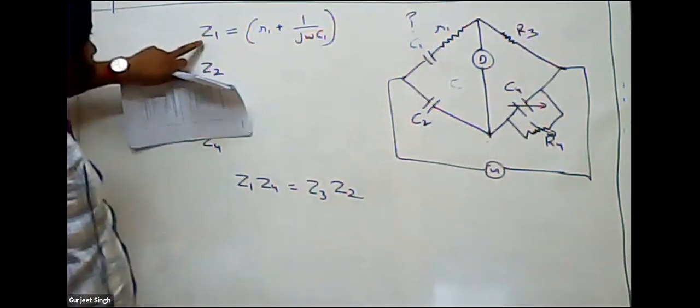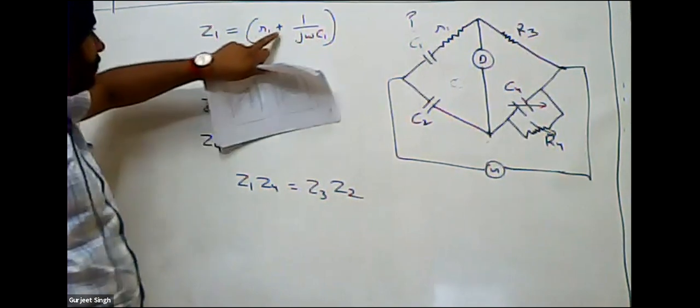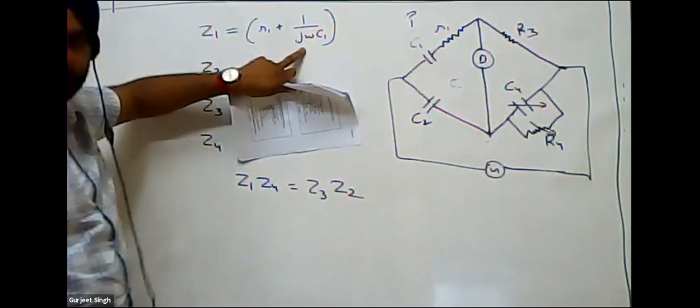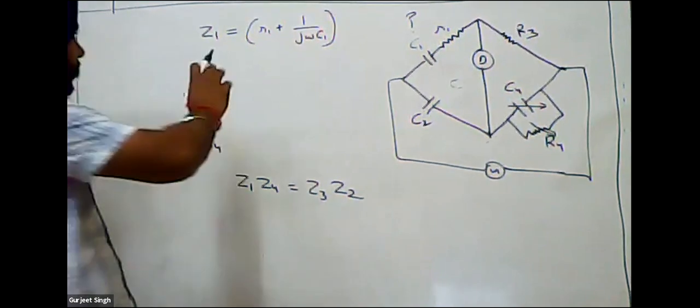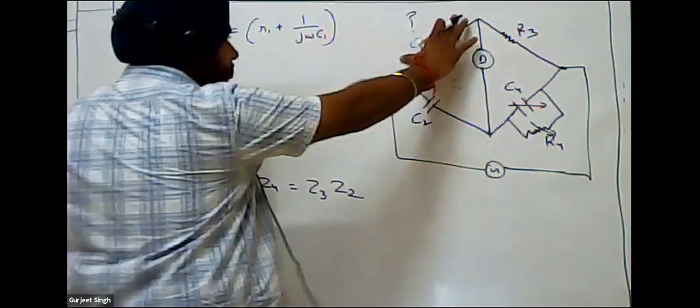So we will write Z1 is equal to R1 plus 1 upon j omega C1. This is the impedance of this arm.